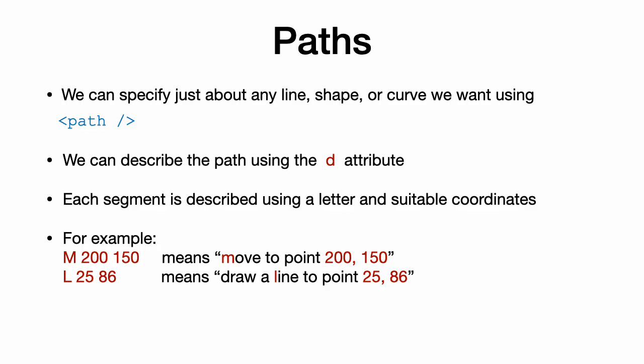The letters tell us what to do, and the numbers tell us where to go. For example, M 200 150 will mean move to point 200 150. Then L 25 86 will mean draw a line to the point 25 86. And we can continue as long as we want.